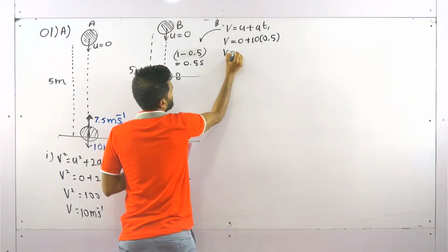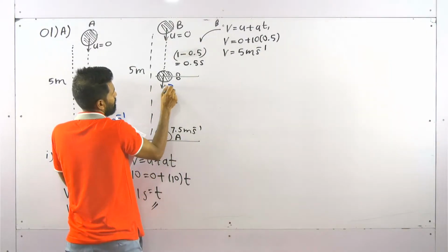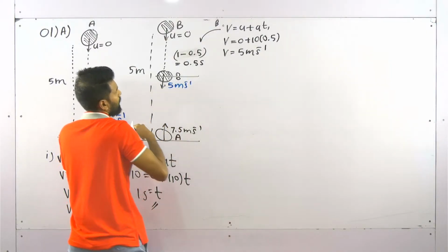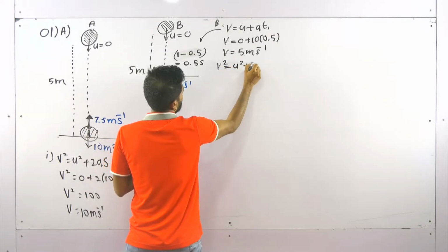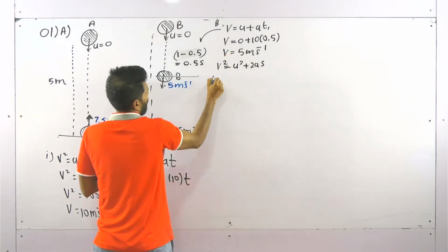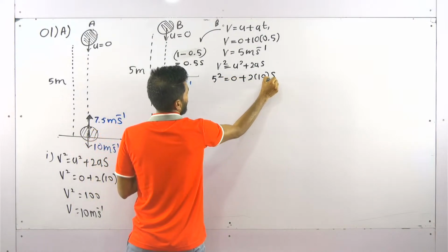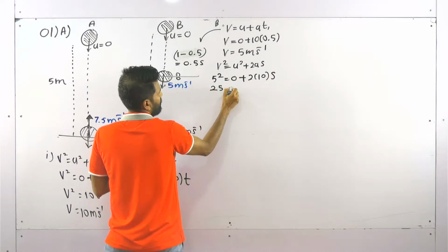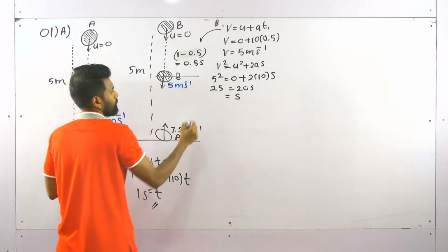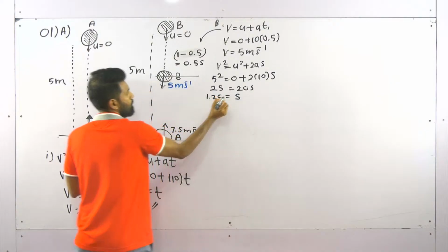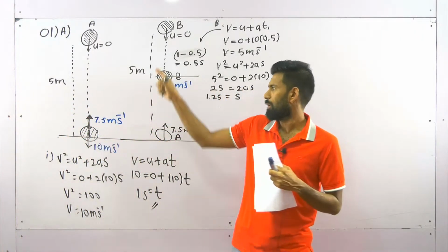We will have a velocity of 5 meters per second at this moment, and applying V square is equal to U square plus 2AS, 5 square is 0 plus 2 into 10 into S, 25 is 20 S, so S is 1.25.